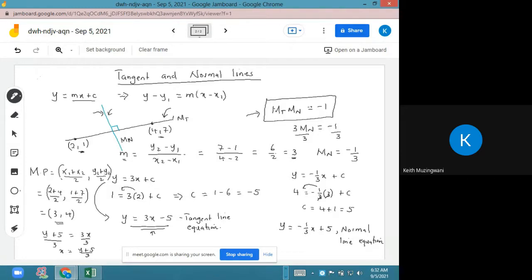No, it's not the inverse. But the gradients of the tangent and that of the normal are negative reciprocals of each other. That is what we can say.